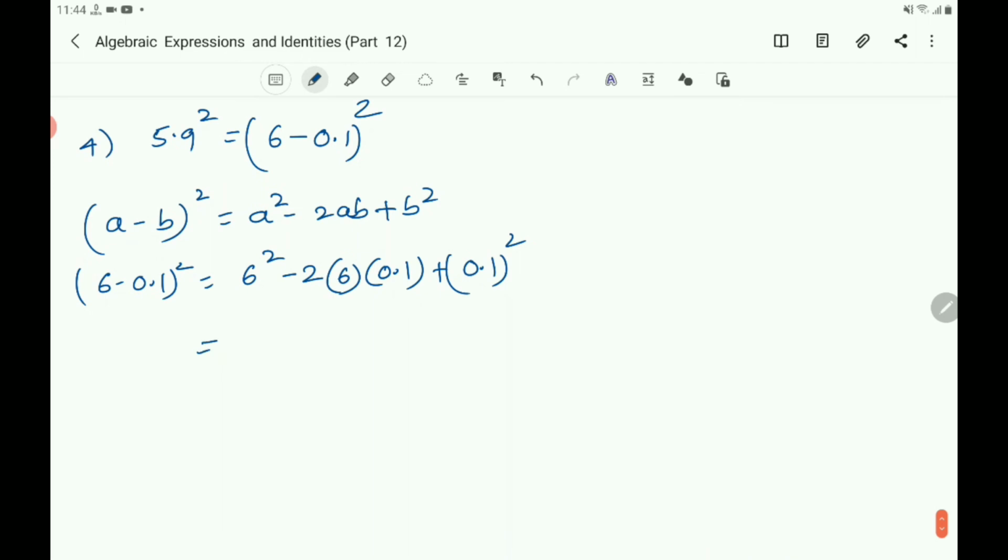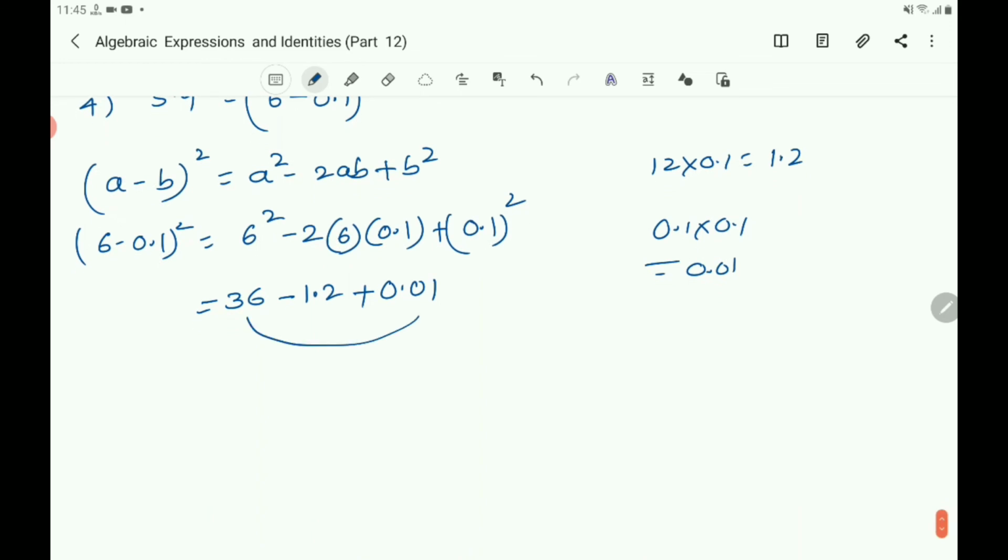That equals 6 square is 36, minus 2 sixes are 12, 12 into 0.1 is 1.2, plus 0.1 into 0.1, which is 0.01.